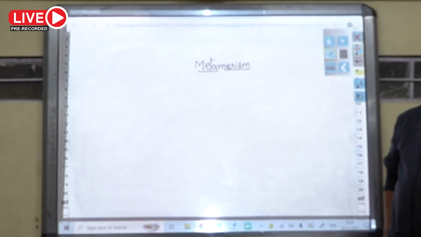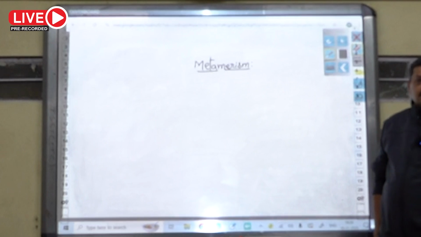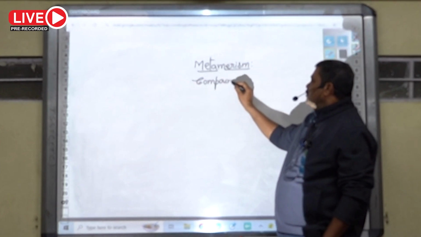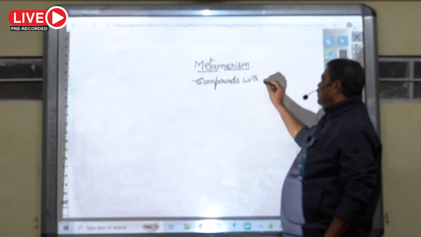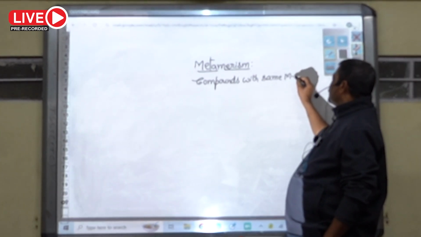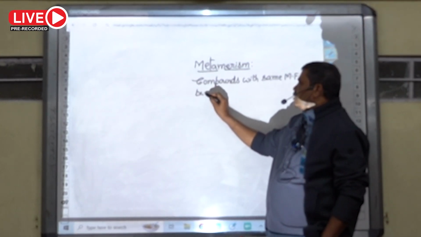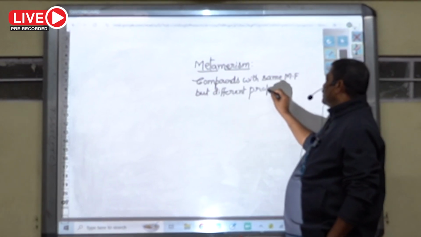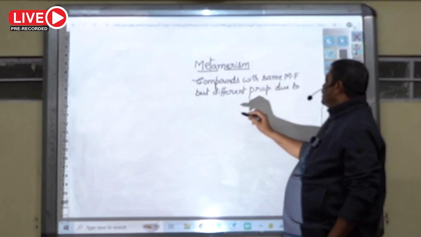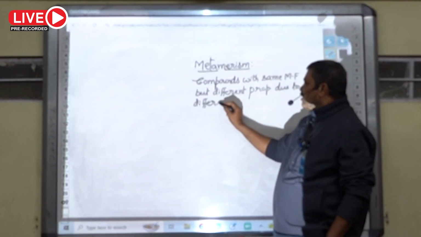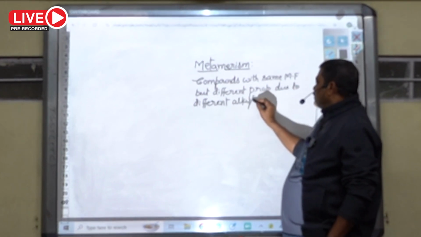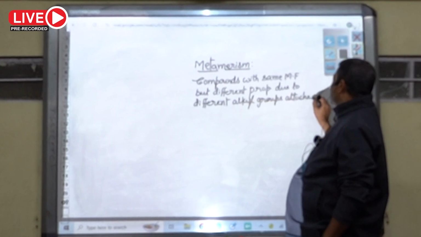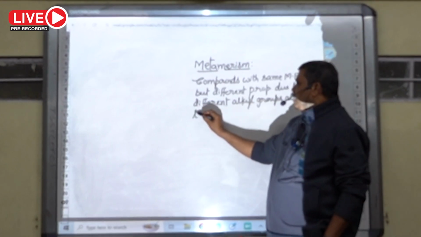Metamerism: compounds with the same molecular formula but different properties, due to different alkyl groups attached to the same functional group.